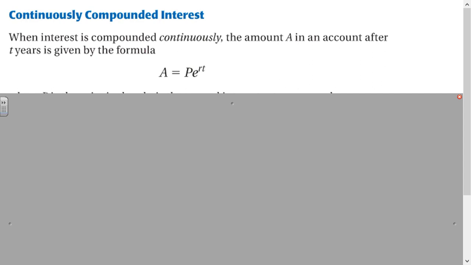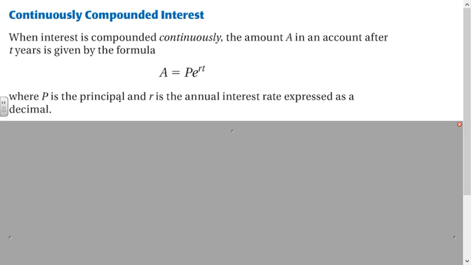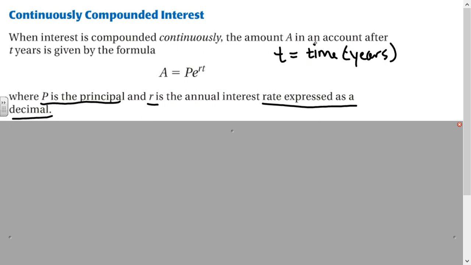P, again, is your principal. R is the rate, and remember we express it as a decimal. T is the time in years. But it's going to be compounded continuously.